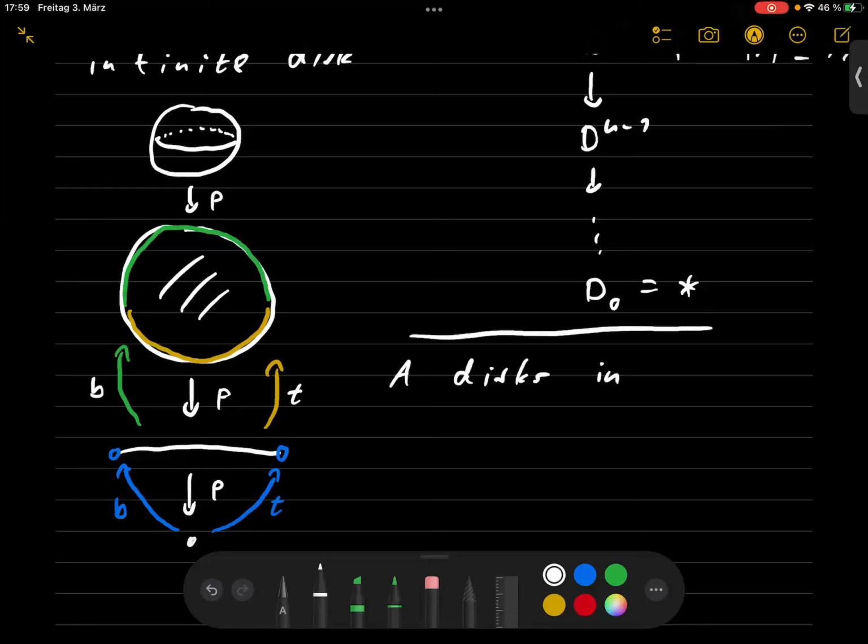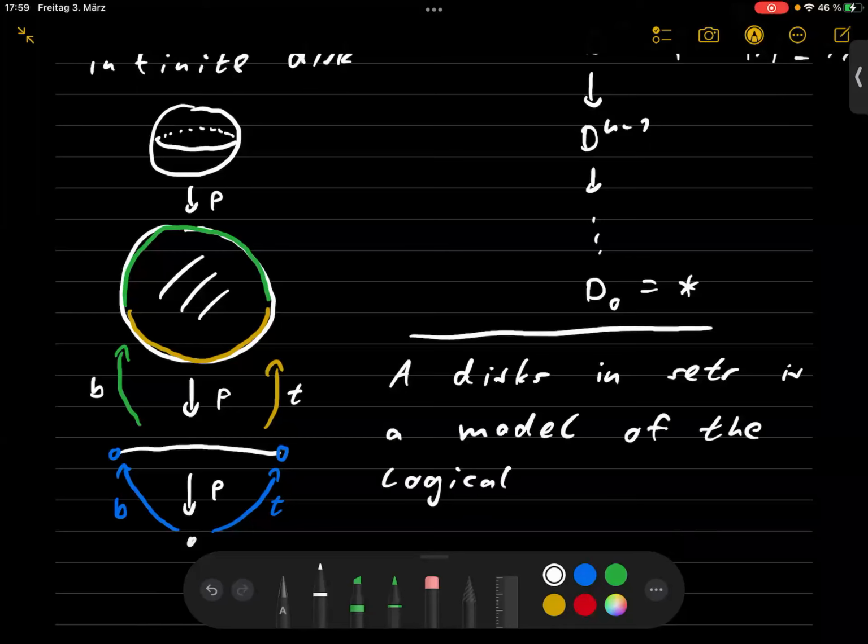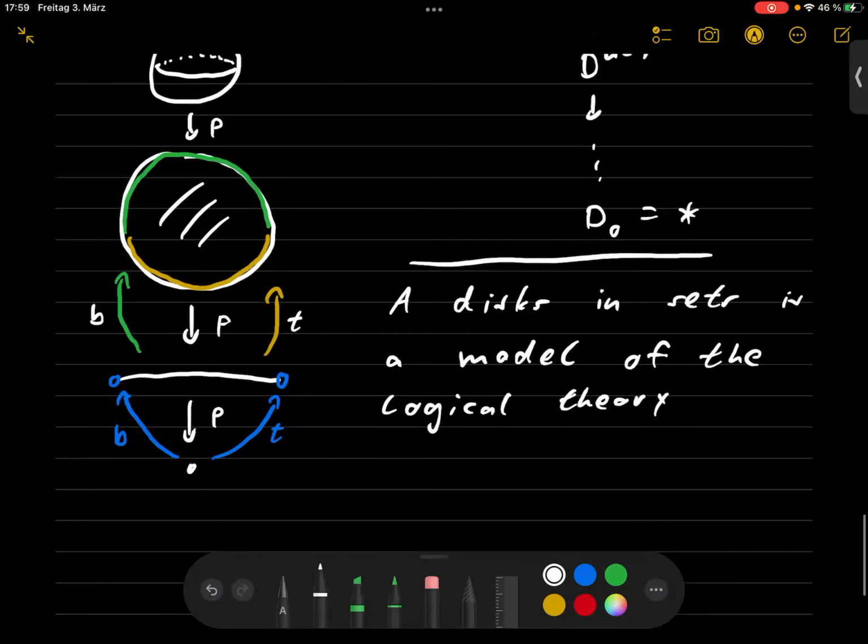Disks in, let's say, sets is a model of the following logical theory. And this is the theory of disks, over the language.